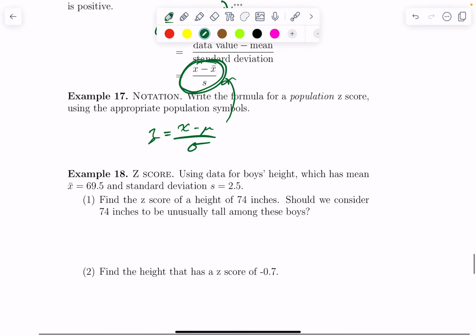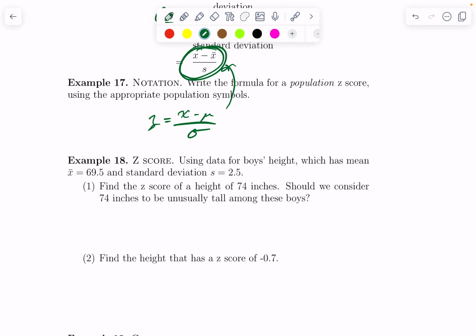Now the z-score. Use data for boys' heights, which has a mean of 69.5 and a standard deviation of 2.5. Find the z-score of a height of 74 inches.